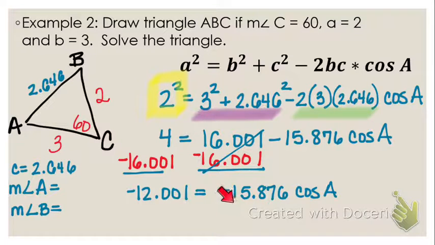We have to divide out that negative 15.876. So divide both sides by negative 15.876.